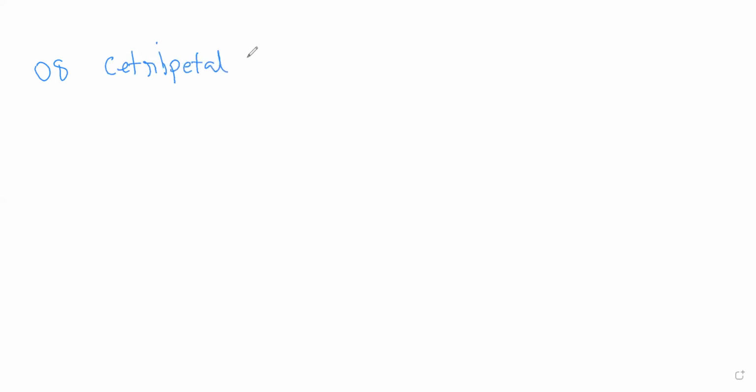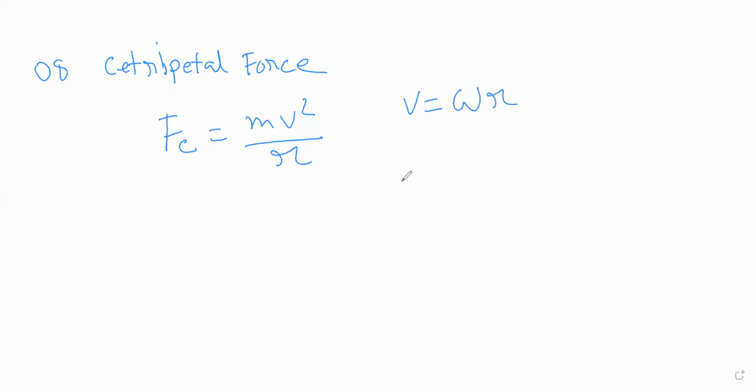So in centripetal force, we have the formula Fc equal to m v square over r, and this v is our tangential speed. Tangential speed we can write in terms of our angular speed, omega r.